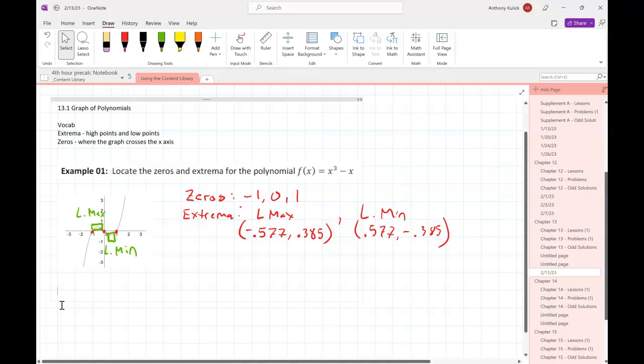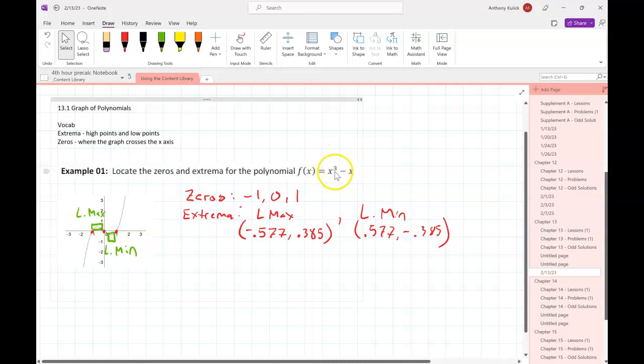So here's a quick question. Does anybody notice a relationship between the degree of the polynomial and the number of zeros? So the degree is 3, and the number of zeros is 3. Okay. How about a relationship between the degree and the number of extrema?